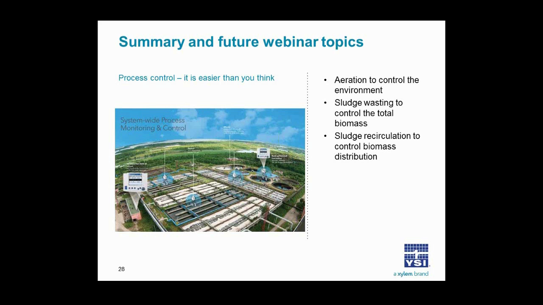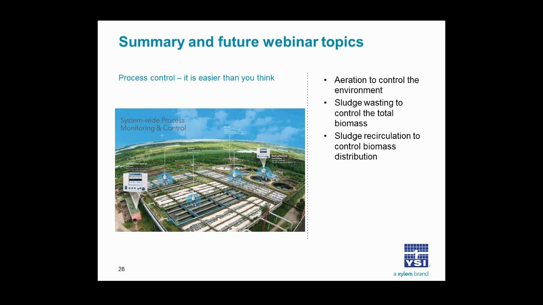But generally, if you are automating SRT control, you want it to be very slow, so you want to take an average of many measurement points, maybe even days worth of data, in order to track your SRT.